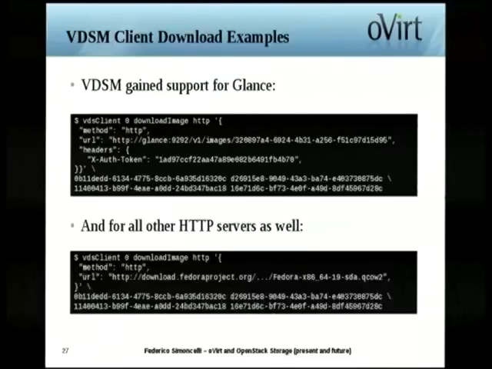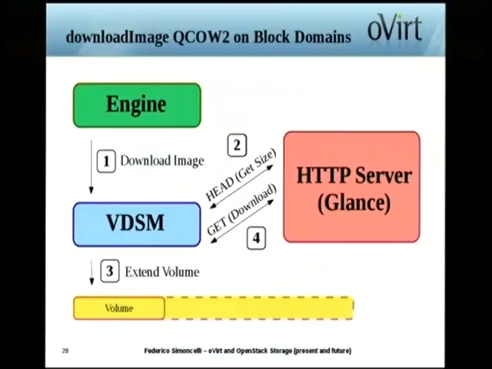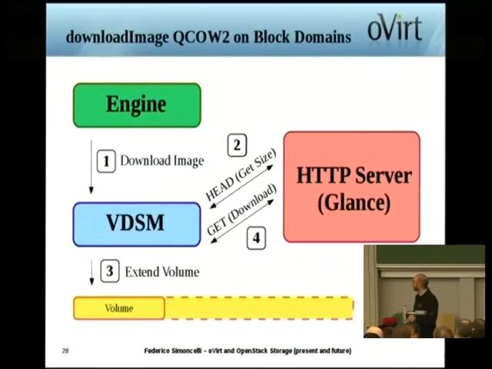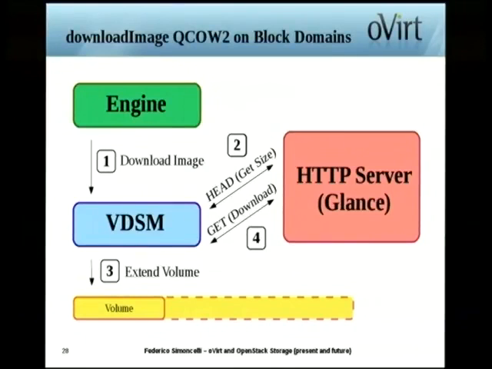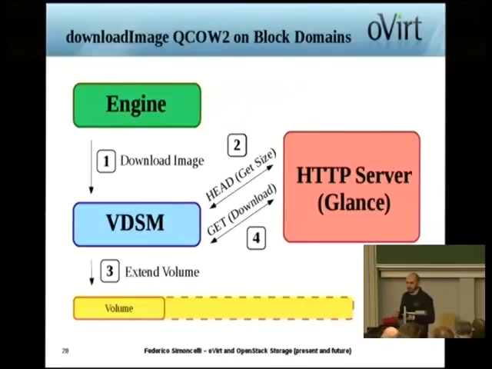There's another special case that we have to cover. That is when we download an image that is QCOW on a block domain. So this is thin provisioning, which means that on block domains we use LVM, and we create volumes that are not as large as the virtual size of the image. We just create them with chunks that are then extended as the VM starts using it, to implement thin provisioning on block devices.